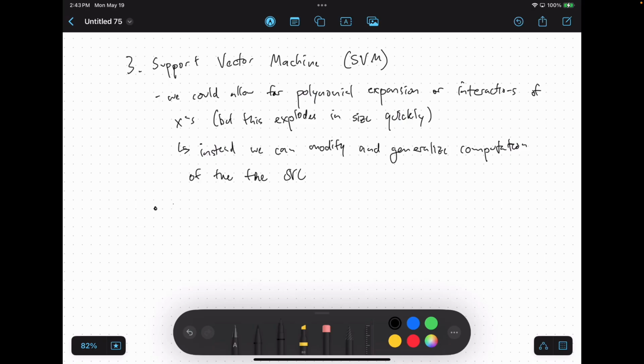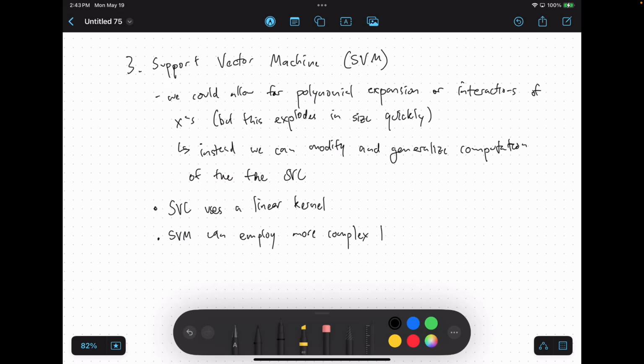And the way this is done, SVC uses a linear kernel, and SVMs can employ more complex kernels.